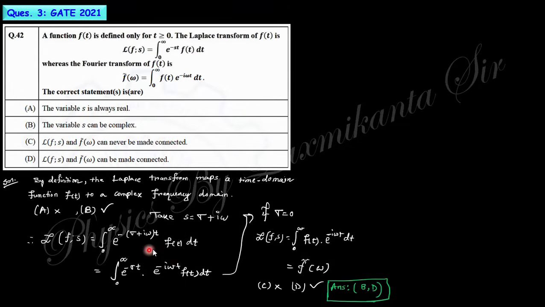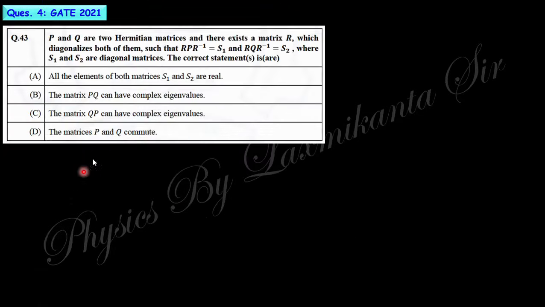We are taking this s as a complex variable like that, and if we choose sigma as 0, then this can be represented as this one. So this Laplace transformation can be the Fourier transformation when the real part is 0. So can never be connected, this is not correct. So option D is correct. So options B and D are the answer of this question.